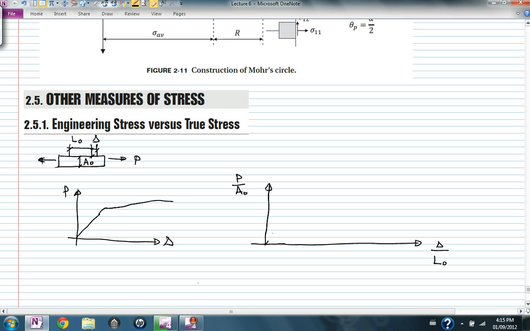So you get another curve that looks exactly similar to the above but with different units, and this is called the engineering strain, and this traditionally is called the engineering stress.